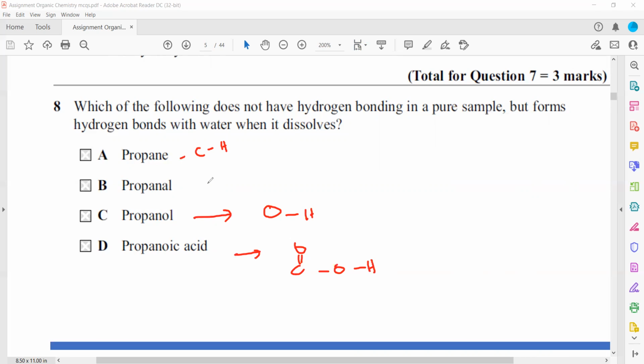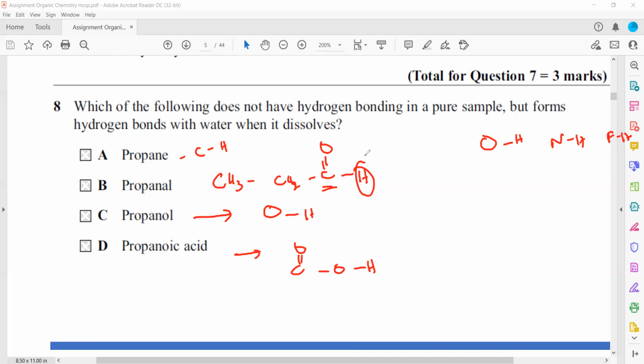Why? Because the carbon is directly attached to hydrogen and there is no lone pair. Here, within propanone, because this is the structure of propanone, CH3, CH2, C double bonded with O, NH. That's the structure. So inside, for hydrogen bonding, hydrogen must be attached to a highly electronegative element, either oxygen, nitrogen or fluorine. But in this case, hydrogen is not attached.